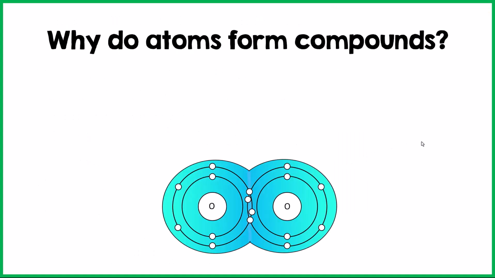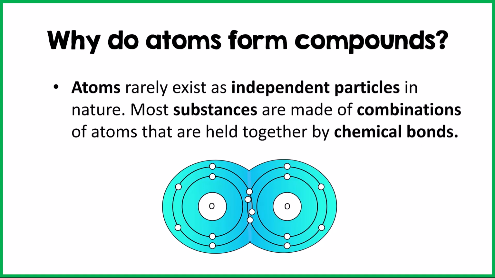Why do other atoms form compounds? Well, atoms rarely exist as independent particles in nature. Even though we've been discussing them as the basic unit of matter, they rarely exist by themselves. Most substances are made of combinations of atoms that are held together by chemical bonds, and we'll discuss the types of chemical bonds all throughout this course.